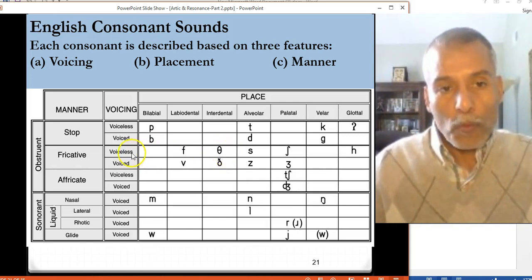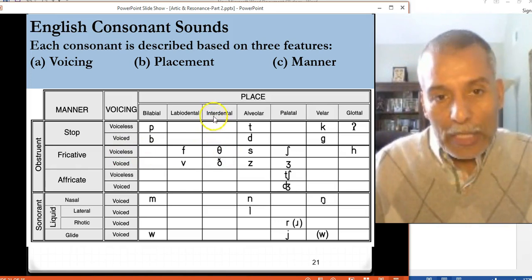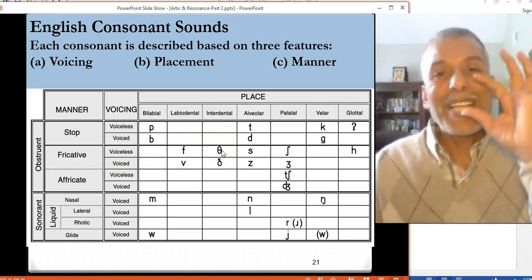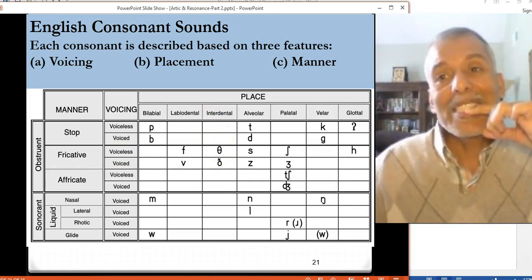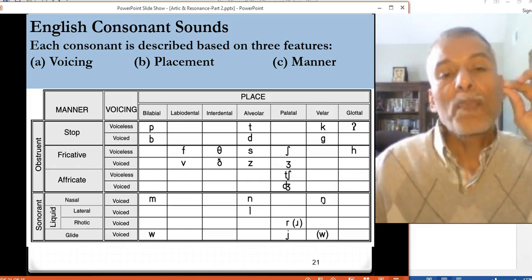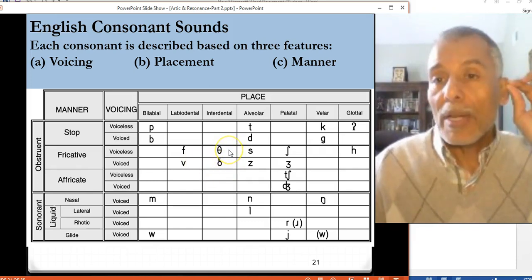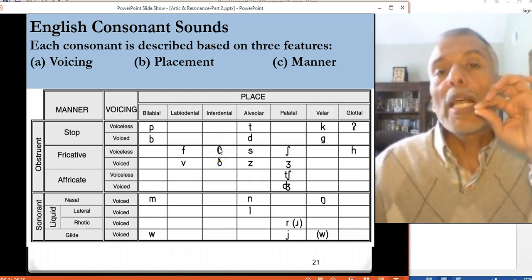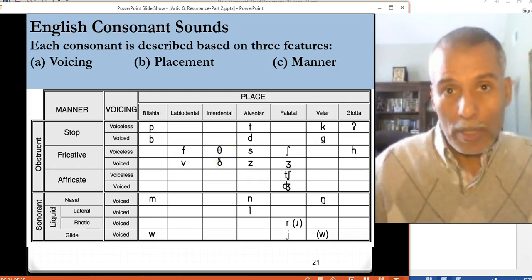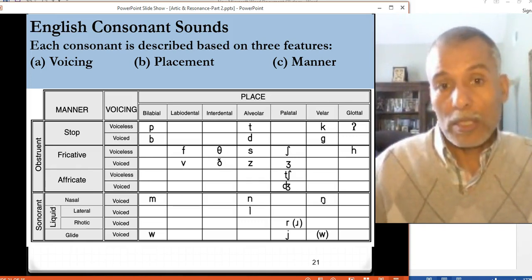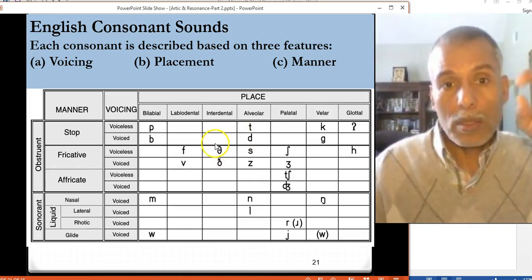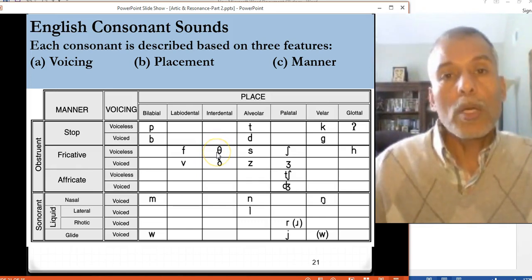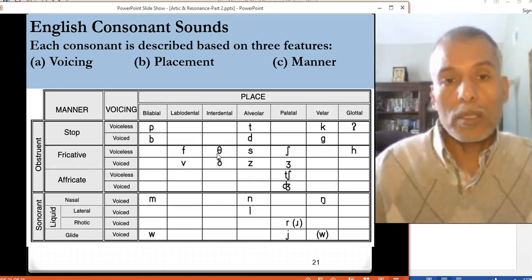So it is voiceless, and then interdental. That means the tongue is between the upper and lower teeth. And it also has another name. It is also called lingua dental. Whatever descriptor you use, that is fine for me, as long as it is found somewhere in one of the textbooks or studies that we use.